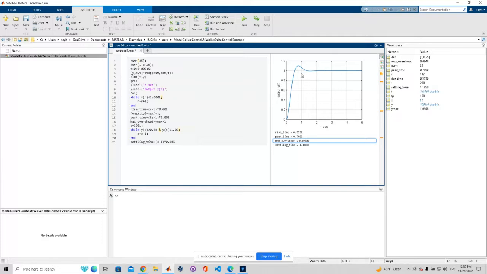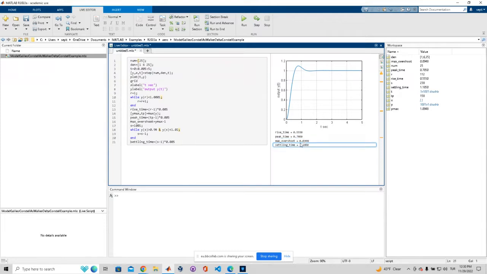Our steady state is here, but our system response is higher than that. We call this overshoot, and the overshoot value is 0.009 here. Like our steady state is around 1.1, let's say, and its overshoot will be 0.001.